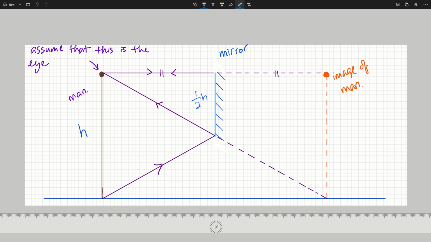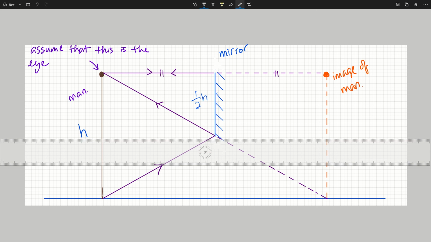Now when you draw ray diagrams as such, do not leave the diagrams as they are. We always need to verify our answers. We need to verify the accuracy of our drawing. Now, I'm drawing this on the tablet, so the drawing may not be that accurate, but I still need to make some measurements to make sure that my drawing is as accurate as it can be.